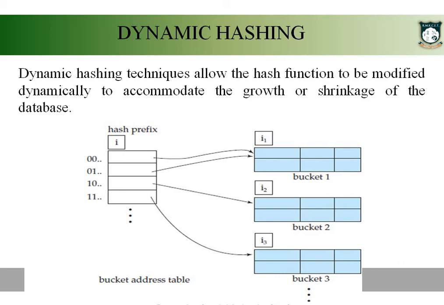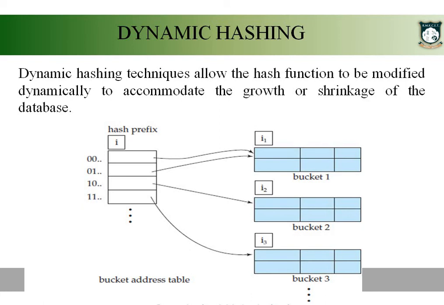Now the value of I is 3. If the value of I is 3, you will have 6 buckets, since 2 power 3 is 6. Now out of 6 buckets, in which bucket will the data I am looking for be available? In my data, I have to apply the hash function to the key value. For example, let us consider that ID is the key value. For the ID, I will apply the hash function and get a result.